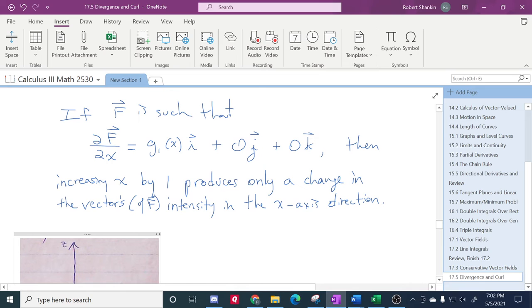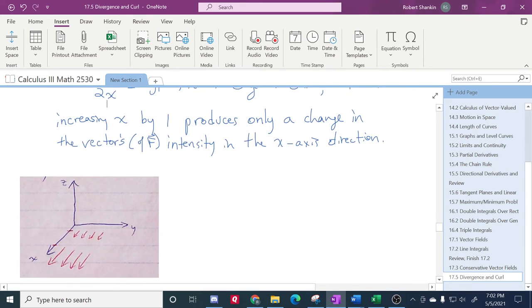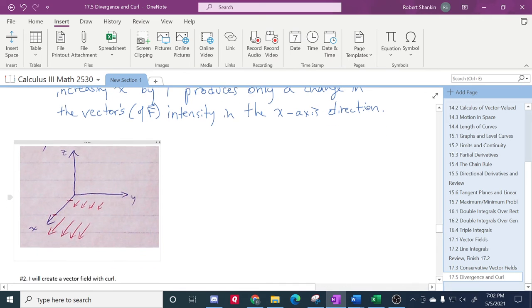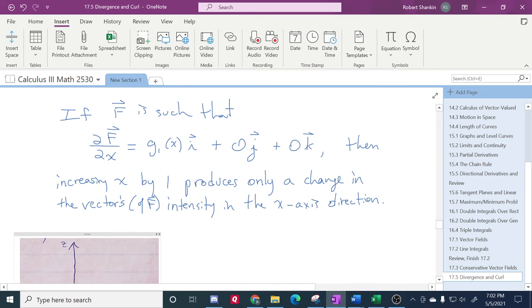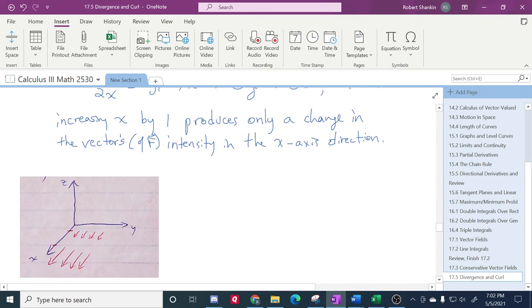We focused on this in divergence. When we take the first function of f, and when we take its partial with respect to x, that causes expansion or compression. If they get bigger, we're expanding. If they get smaller, we're compressing. Positive divergence, negative divergence. But when we want a rotational effect, we can't get any by doing this.